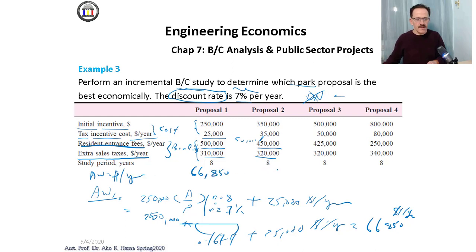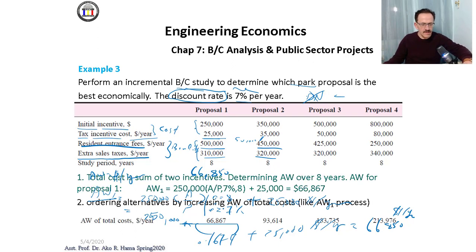Now in the same procedure we will find for proposal 2 and proposal 3 and proposal 4, and you will see as a result you will get 93,614.